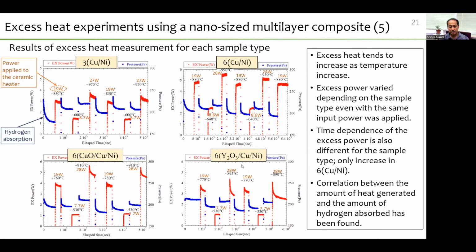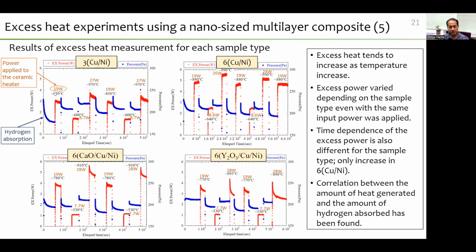So this is the result of excess heat measurement for each sample. And this is the result for 3 sets of copper-nickel layers. The blue plots show the pressure inside the chamber. So when the hydrogen gas is introduced, it's absorbed, so the pressure decreased. Then power is applied to the ceramic heater.